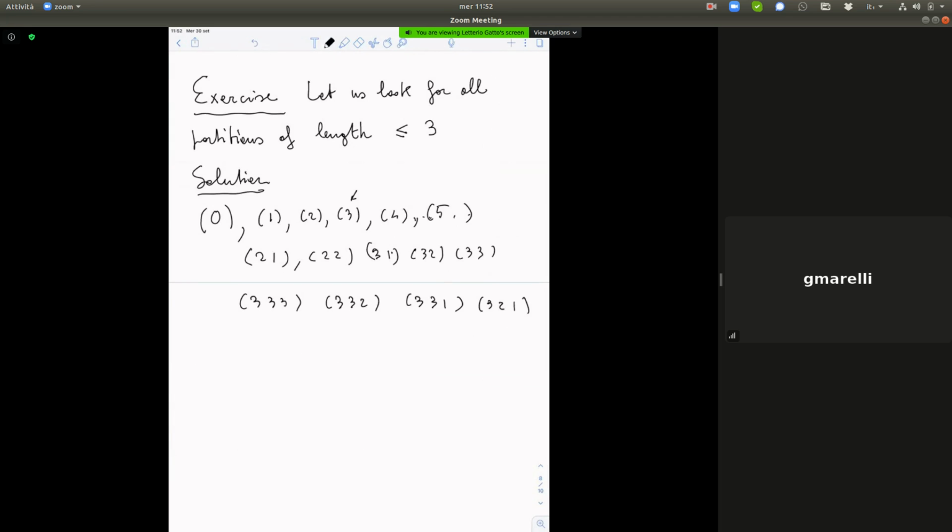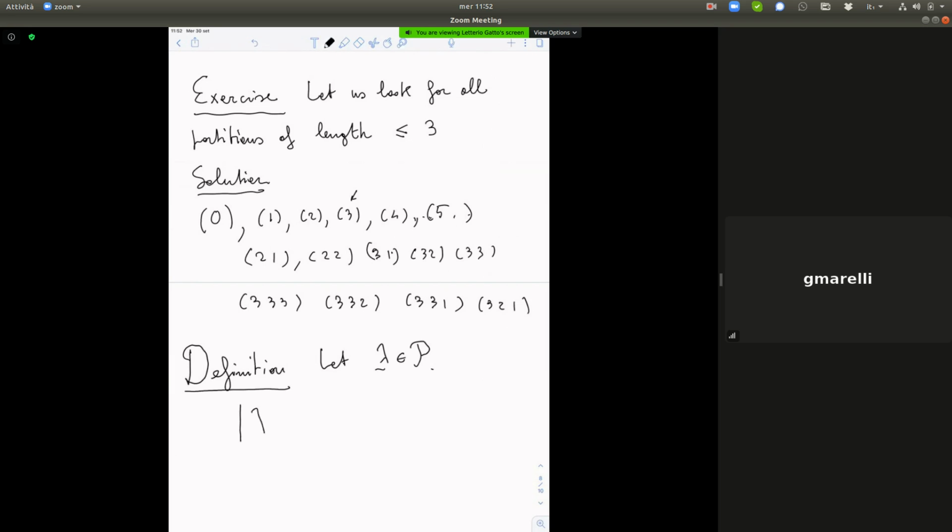But now I introduce another notion, a definition. Let lambda belong to P, which is a partition.